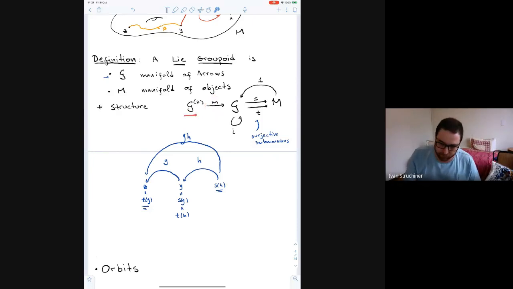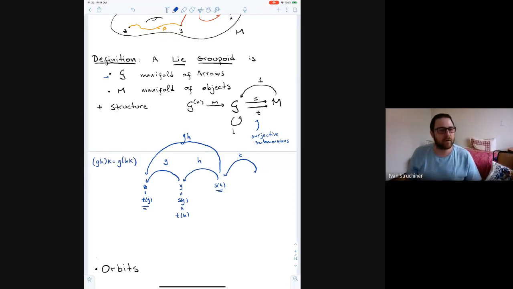It's a map from the space of composable arrows to G, and it's a smooth map as well. And then this has to be associative. So if you have a third arrow, K, which you can compose, then (GH)K must be equal to G(HK).